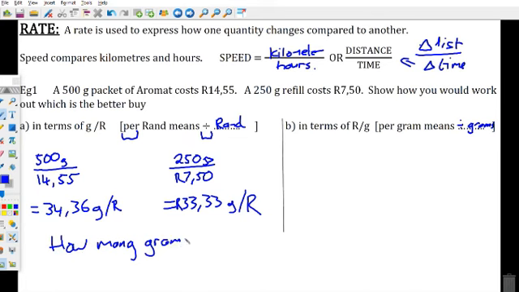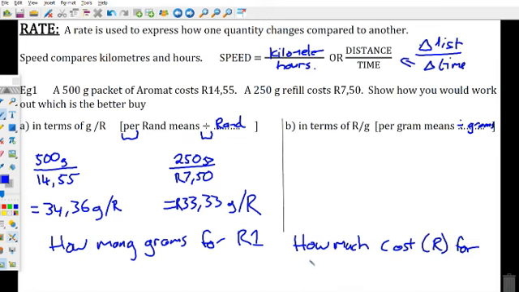Here we're going to say how much it costs, so how much in rands for 1 gram. That's basically what they're asking us the other way.